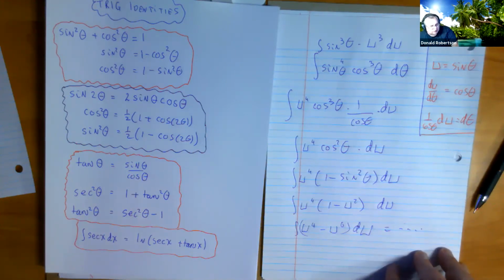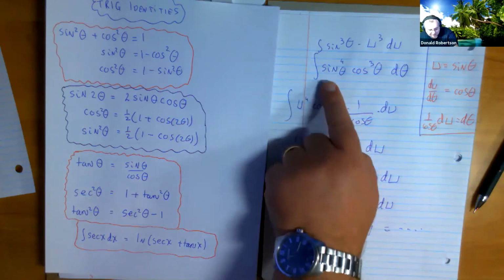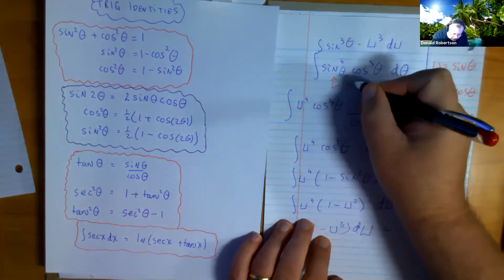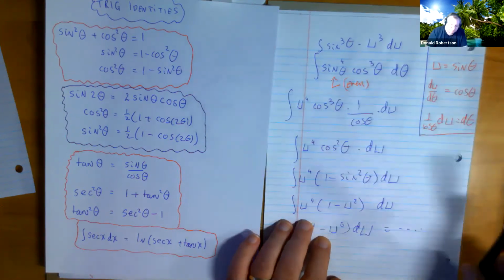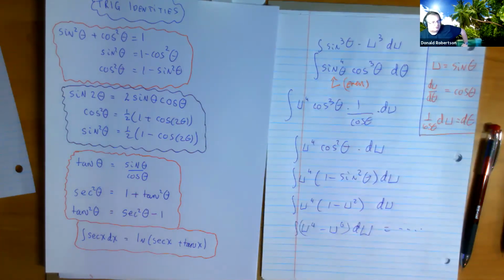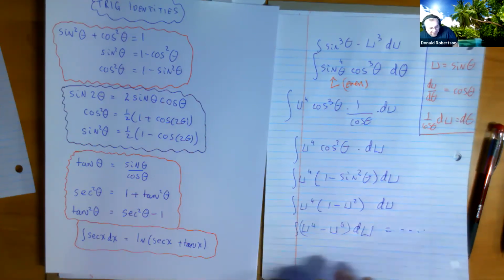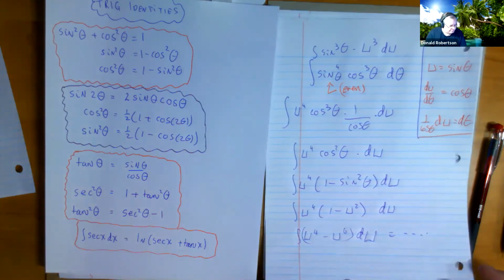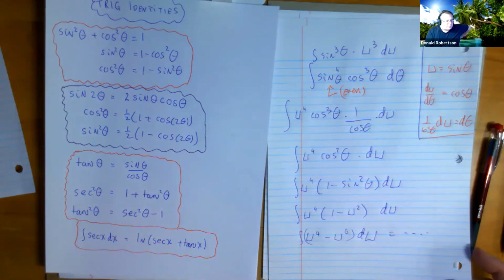So if it's an odd and an even choice, your rule, if you want a rule, is pick the even one. So if it's sine to the 6th power of theta times cosine to the 11th power of theta, pick the even power. Are we good?